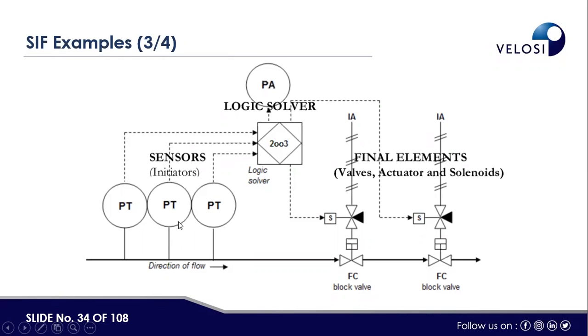If the logic solver gets confirmation from 2 out of 3, that the incident or situation is confirmed by 2 transmitters out of 3, then it will give a signal to the final element to take action, close or open. This is another example of how SIF reliability is increased. This could be a HIPS system, which normally carries 3 transmitters minimum.